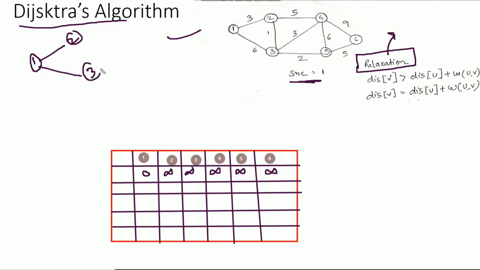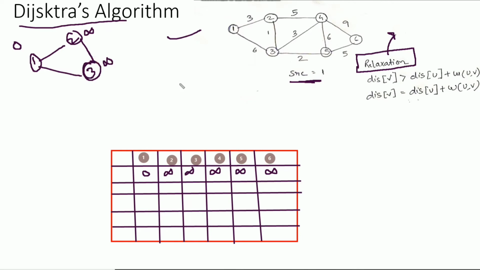Initially I will initialize a distance value to each vertex. The source vertex will have distance value 0, and all other vertices will have the distance value as infinity. This distance value means the distance between the vertex and the source vertex.